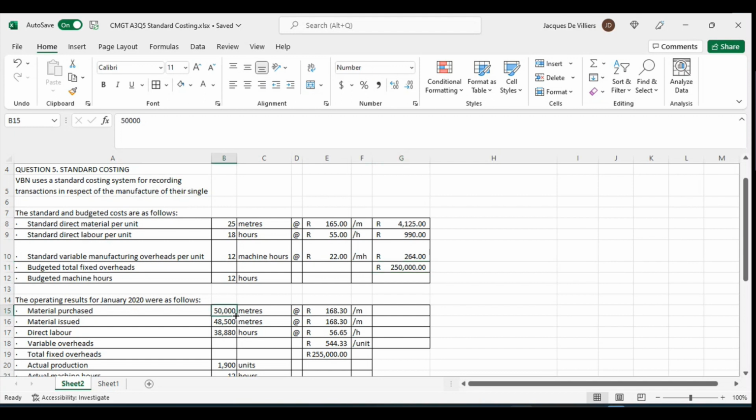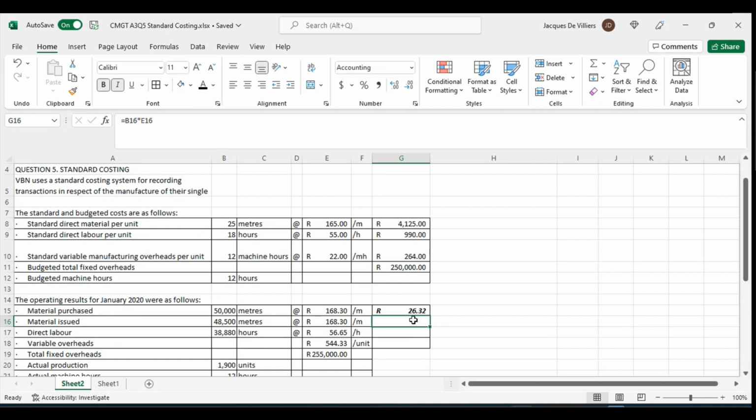So if I take the 50,000 and I multiply it with 168, I get a total. Now, I don't know yet if I am going to use this total or not, but I'm getting the total so that I'm able to compare apples with apples. Because now I see that if I look at the materials purchased, it comes to 8.4 million.